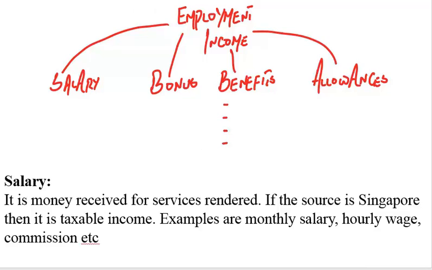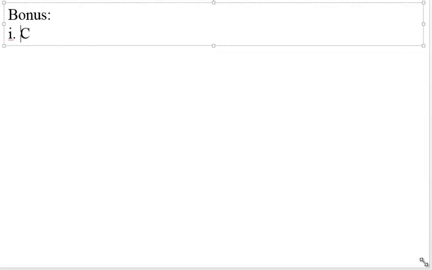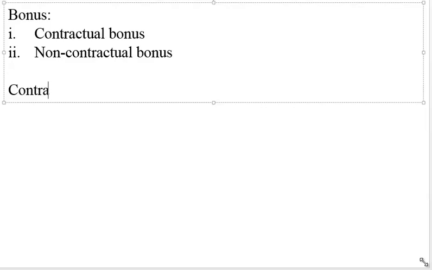Okay, salary was easy. Bonuses. There are two types of bonuses, okay? Contractual bonus and non-contractual bonus. You remember this? First of all, what is a contractual bonus?